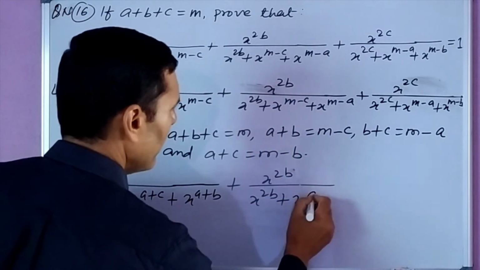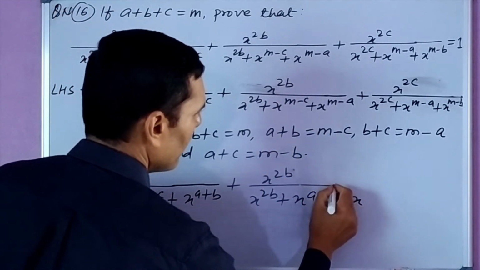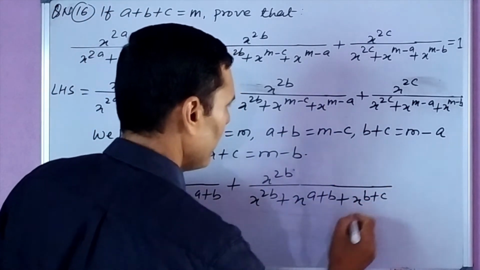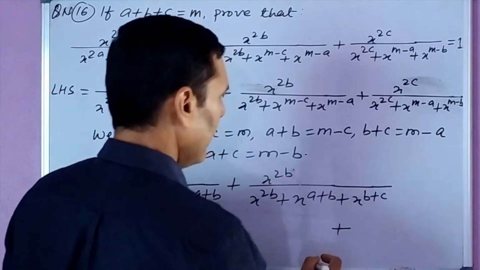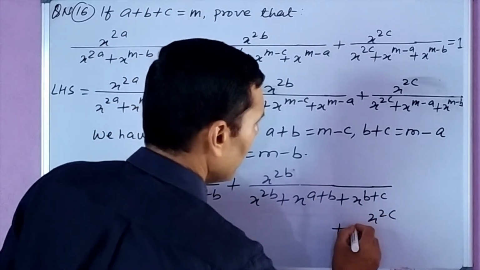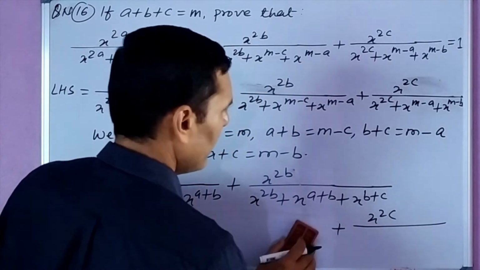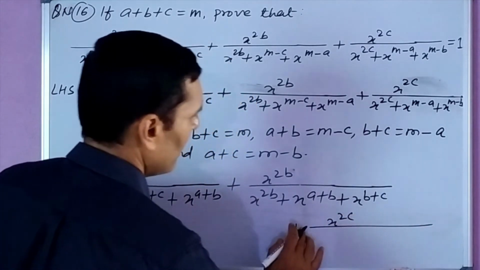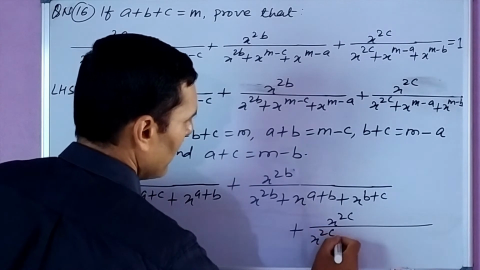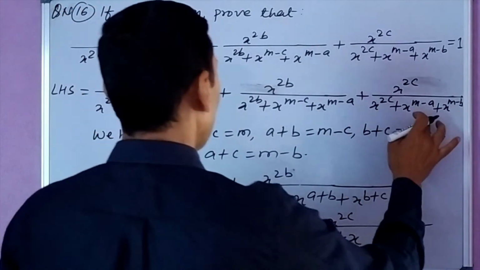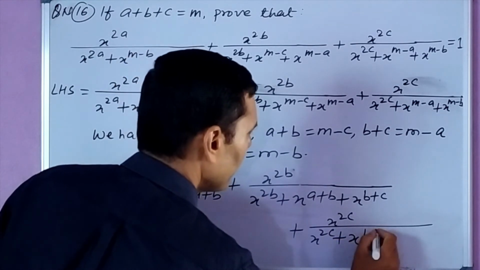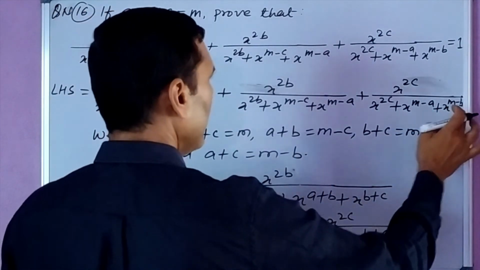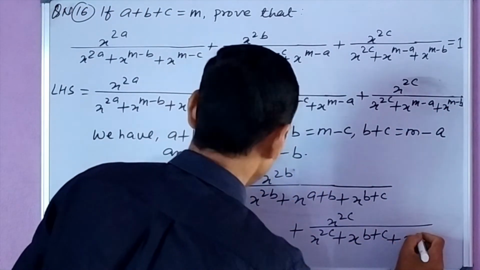M minus c is a plus b. M minus a is b plus c, and the third term I am writing here, x to the power 2c upon x to the power 2c as it is, plus x to the power m minus a, b plus c, and x to the power m minus b. What is m minus b? M minus b is a plus c.